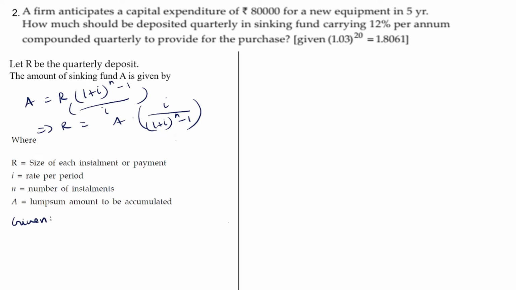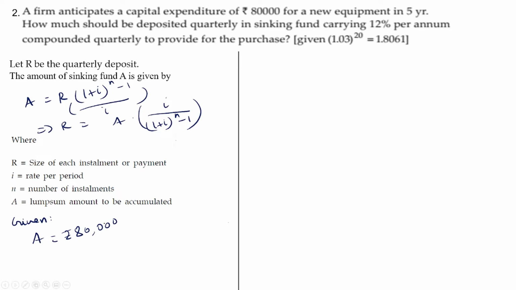Here A is rupees 80,000 because the firm anticipates this expenditure in 5 years.